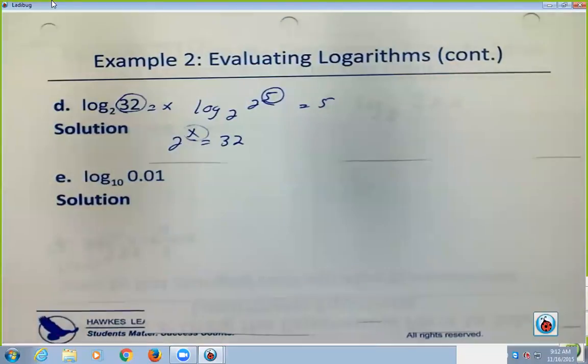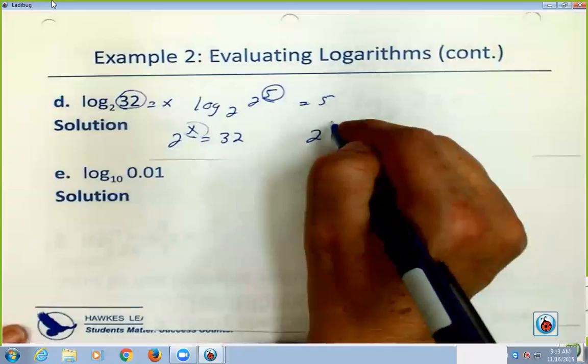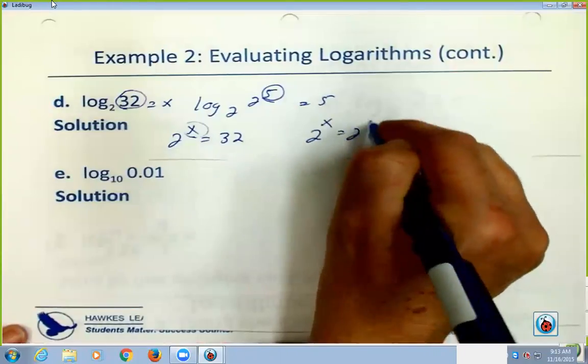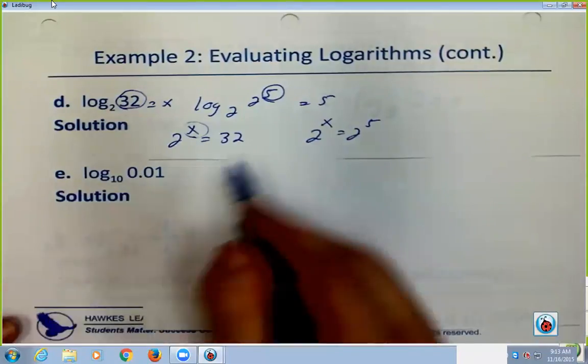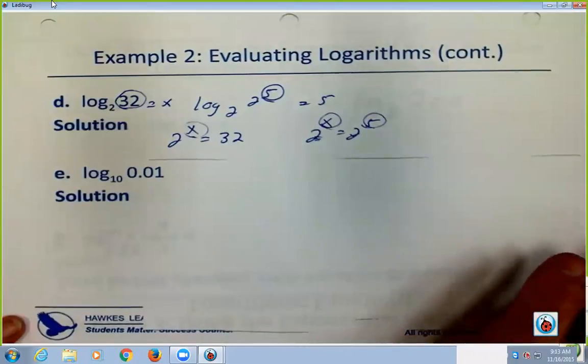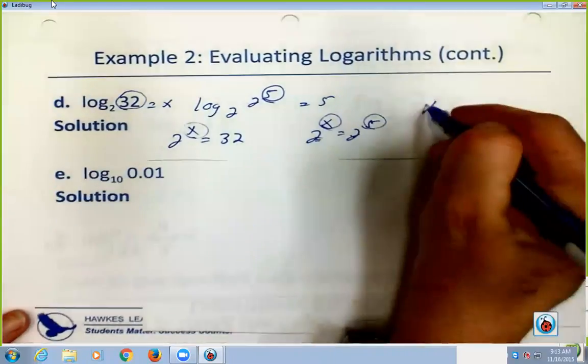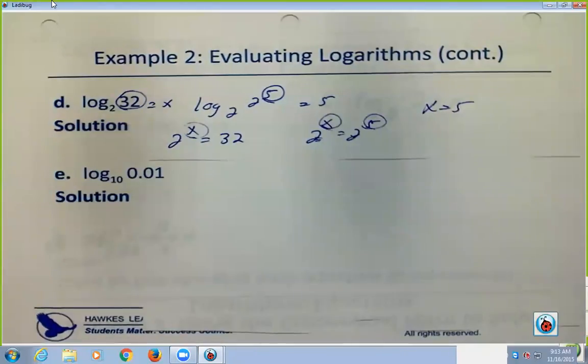What would I have to replace x with to get it to be equal to 32? And 32 breaks down to 2 to the 5th power. And we found in another chapter that if the bases matched, our exponents were equal. So x equals 5. So you can do it that way too.